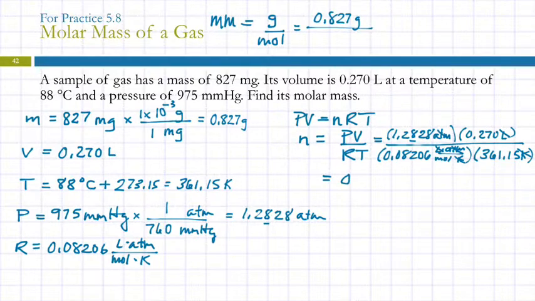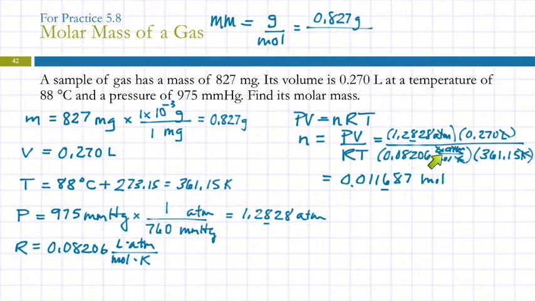So n is equal to 0.011687 moles. If you came up with 1,524, you're miscommunicating with your calculator.